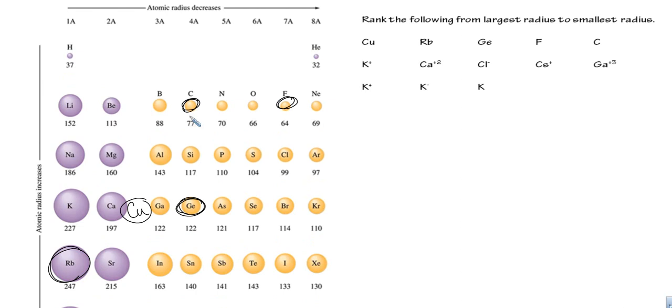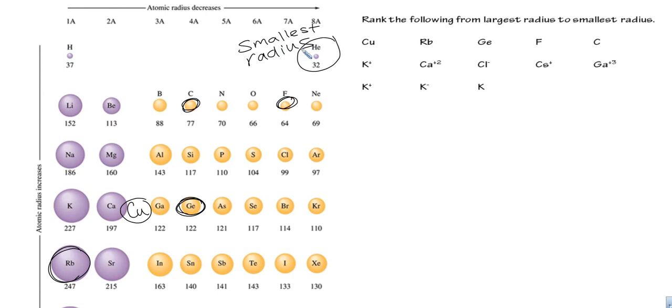But if you've got 2 protons in the nucleus, like helium does, that's going to provide a greater attraction for helium's electrons. So helium actually has the smallest radius. So be careful if you're ever using the term smallest atom. Well, what do you mean? Do you mean smallest atom by mass or smallest atom by radius?